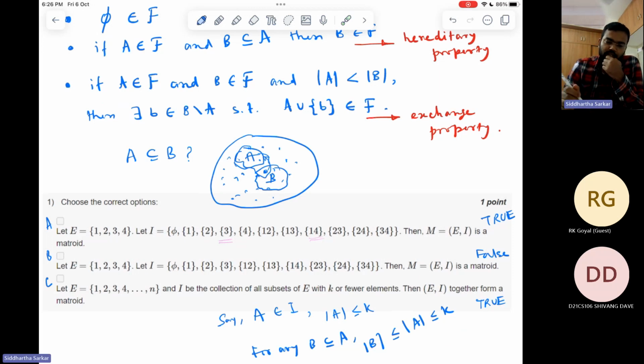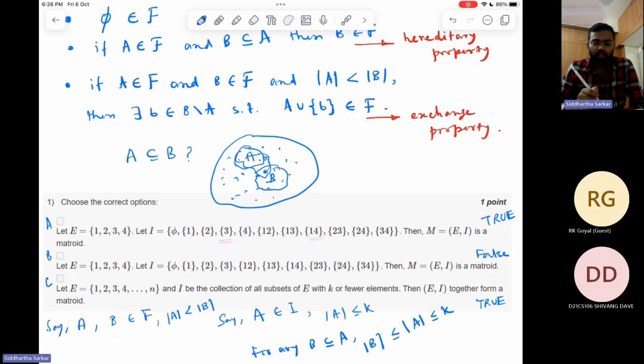Now look at the exchange property. So consider two sets A and B in the family. Suppose A and B are in the family such that B has strictly more elements than A. So there is at least one element which is only in B but not in A. First of all, since B is in the family, the cardinality of B is at most K, right?